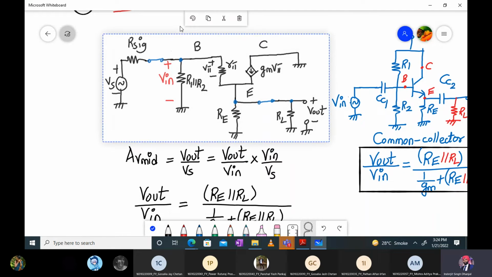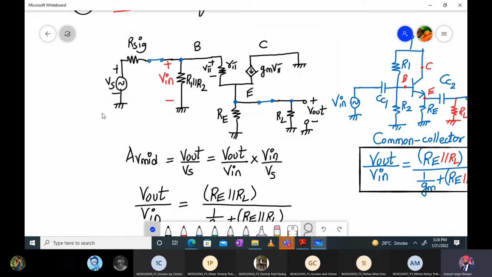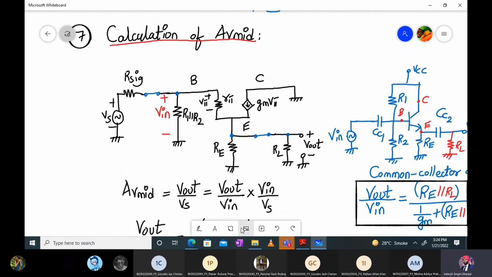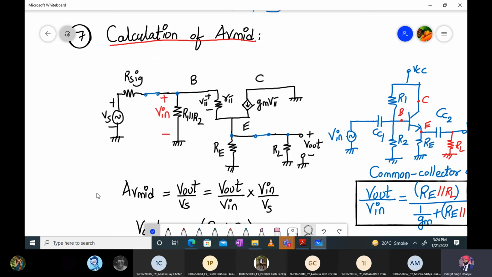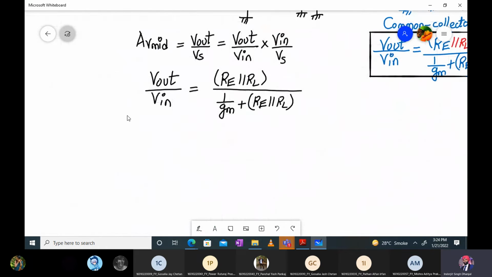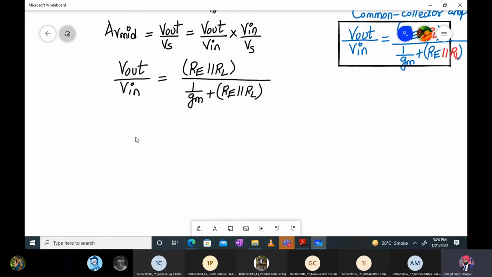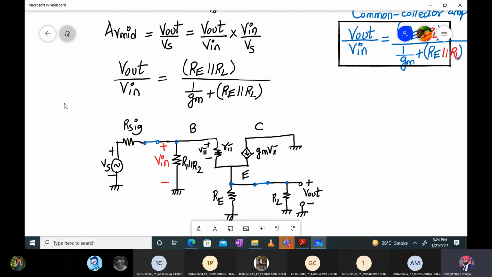We are calculating V in divided by Vs. Let me pick up the circuit from here and copy it, so I will add the circuit over here now for the calculation of V in divided by Vs.